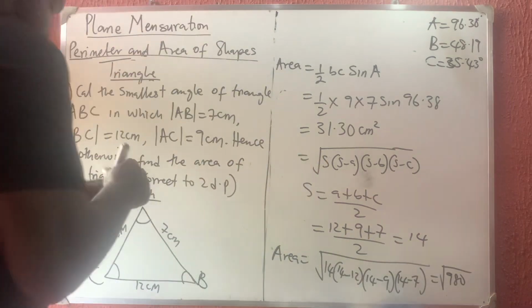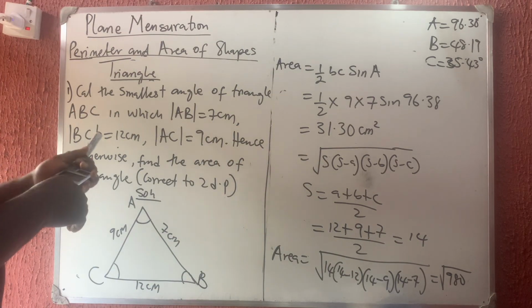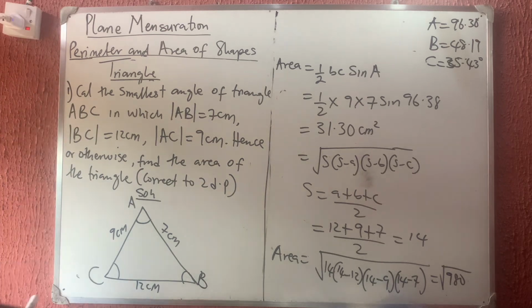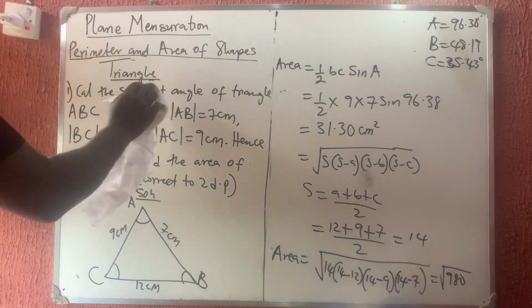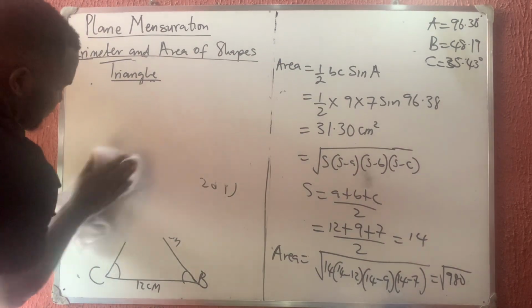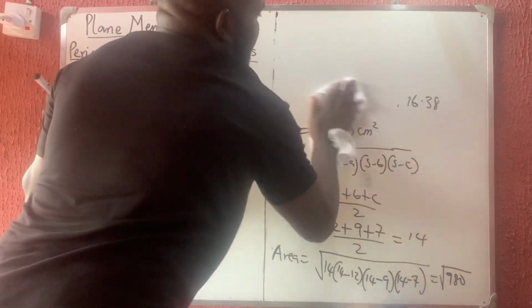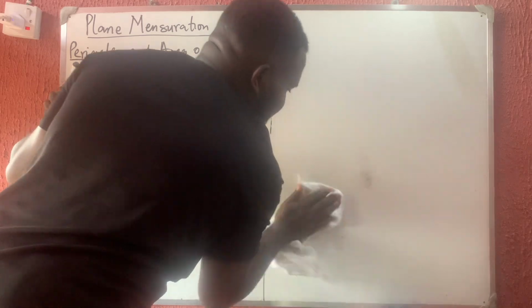So square root of 980 is giving us 31.30 cm squared. You see the same result. So let's move to the next question. That is why mathematics does not lie. Any method you follow must give you the same answer.